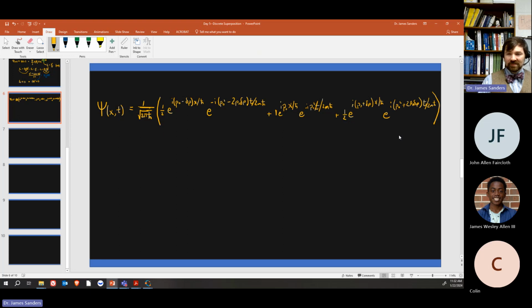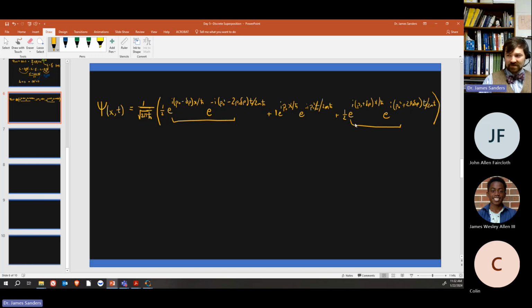Essentially, you now make a series of simplifications. For example, let's look at this term here and this term here. We'll ignore this middle term.